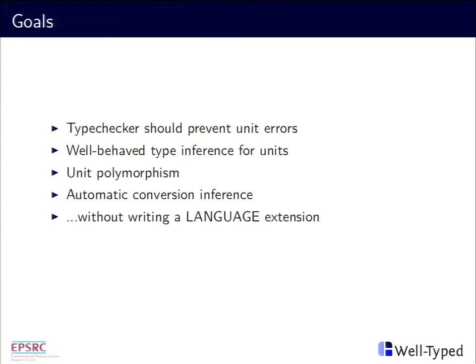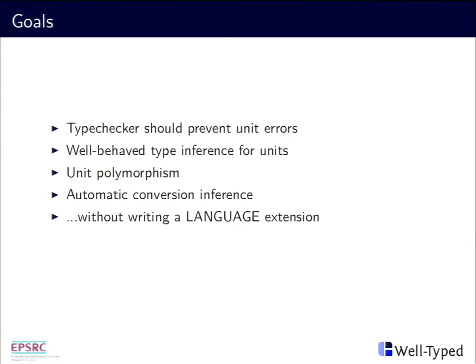Some things that I won't quite get onto so much in this talk, but I'm also interested in exploring, are being able to automatically infer conversions between different units. We're used to type classes doing some of the work for us. When we're writing a program, we don't just use types to prevent bad programs, but we use them to actually write pieces of program. And inferring conversions is a nice example of that.